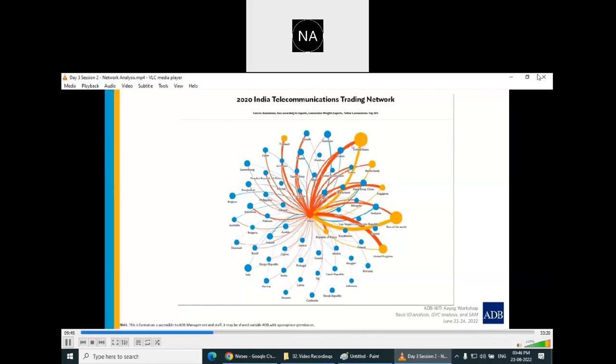This is what the data looks like when you put it into a network chart. The circles represent the economies, and the lines represent the trade relationship between one economy and the other. So, for example, this line represents the trade between India and United States. The total exports is $630 million.